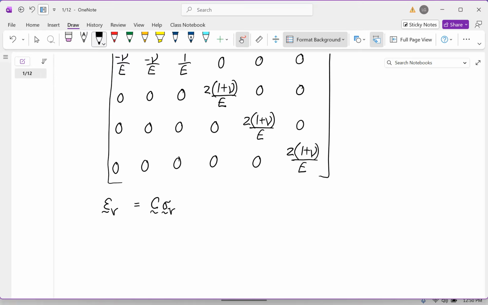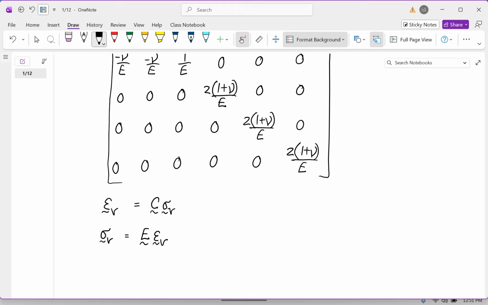And because of the inverse relationship, the Voigt stress is equal to the stiffness matrix times the Voigt strain.